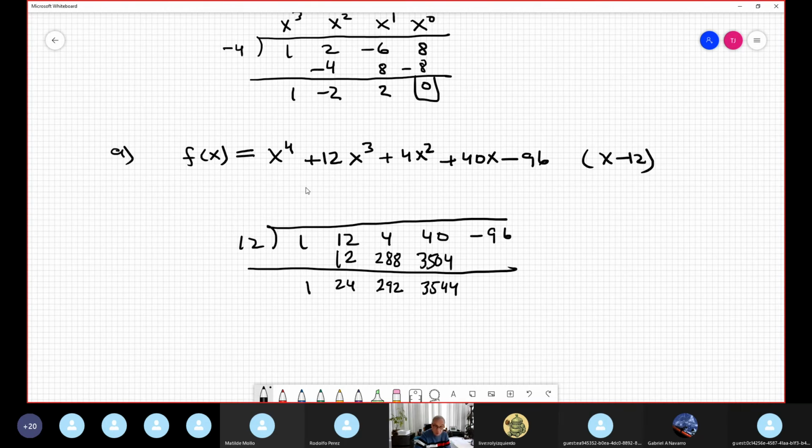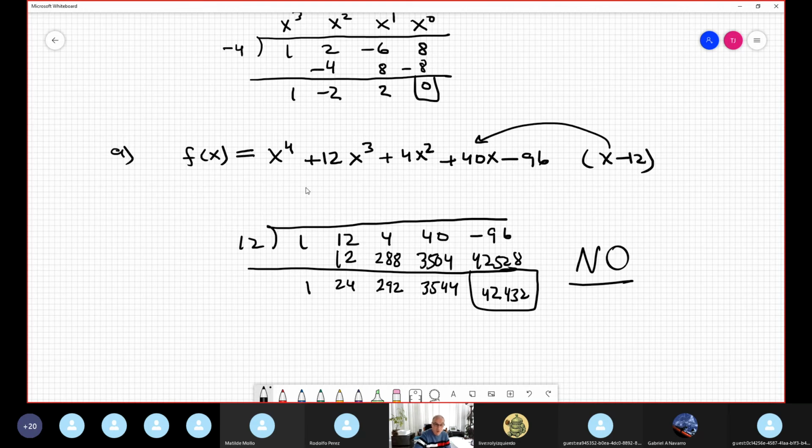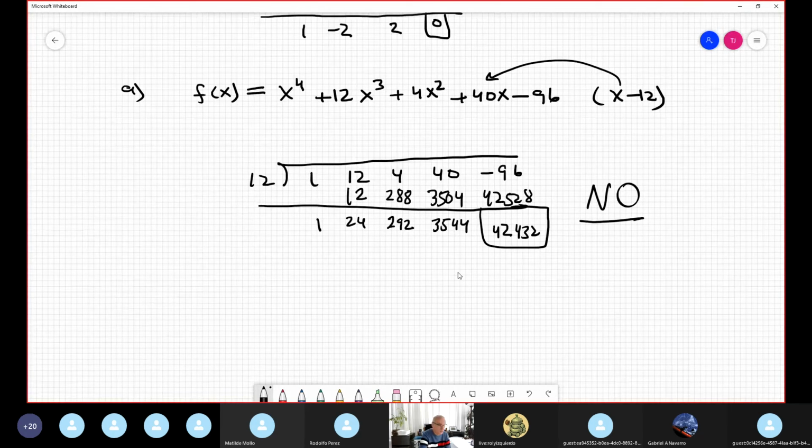Multiplication, wow, it's a big number, 42,528. When you subtract this, it's 42,432. This is our remainder. Therefore, the answer is no. This factor does not belong to this polynomial. If the remainder is 0, yes; if not 0, it's no. This is the factor theorem.